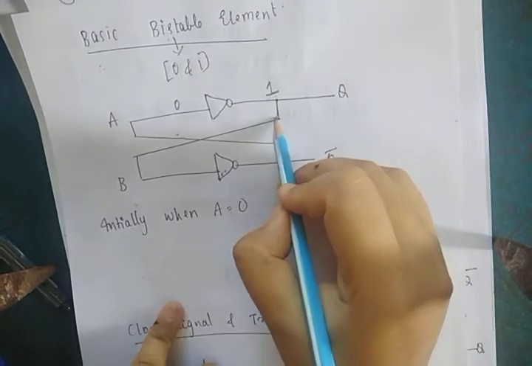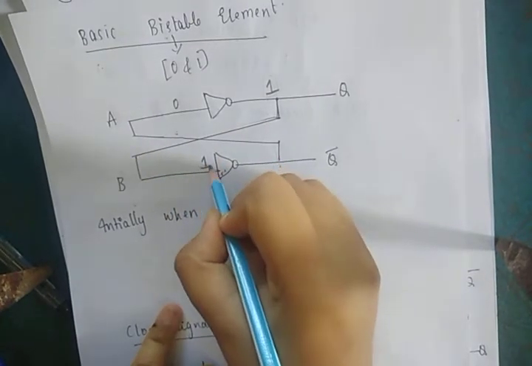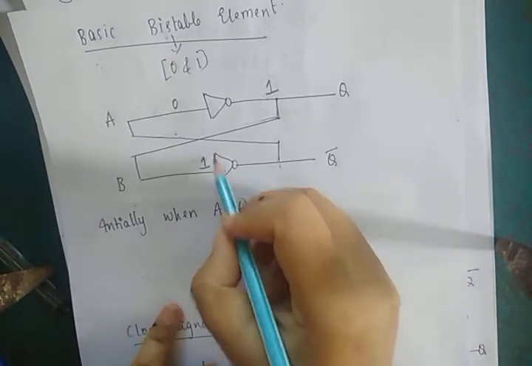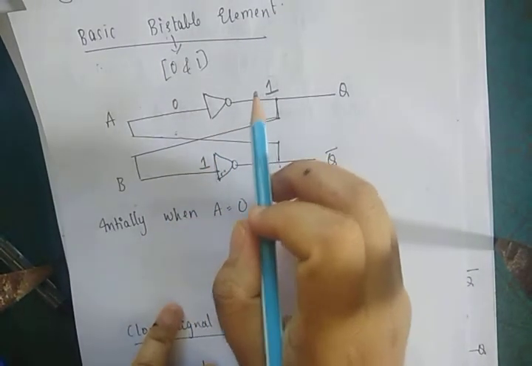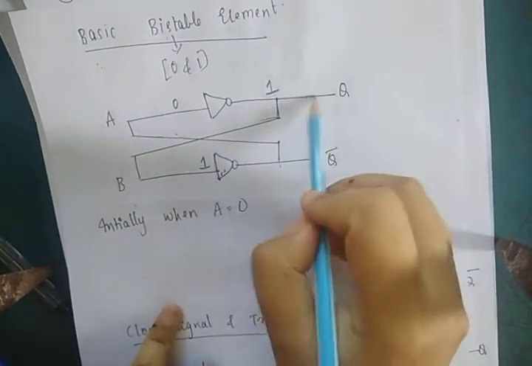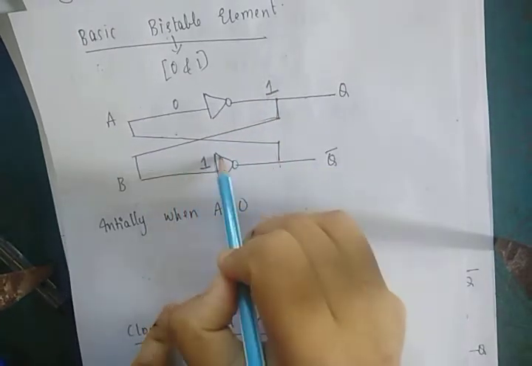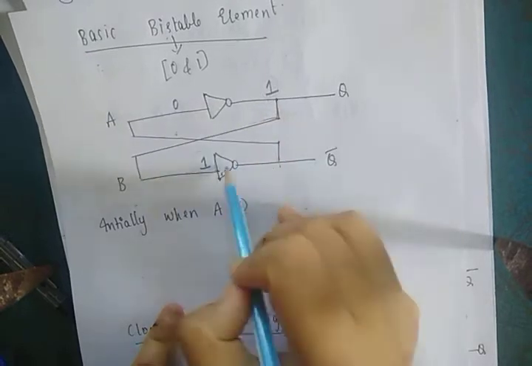Where is it connected? It is connected to B. So the input of B is also 1. How did I get this? Understand clearly. First I give an input to A as 0. The output is 1. Since this 1 is connected to B, B is also 1.